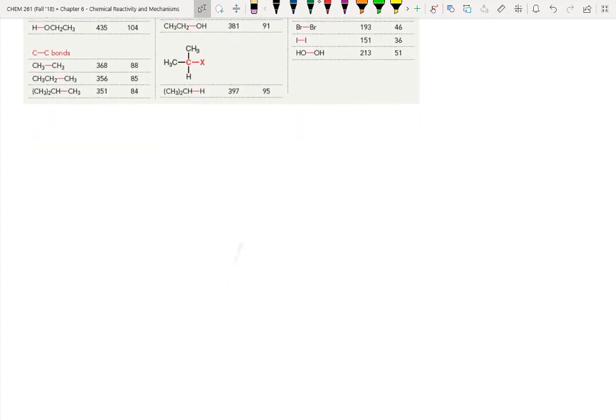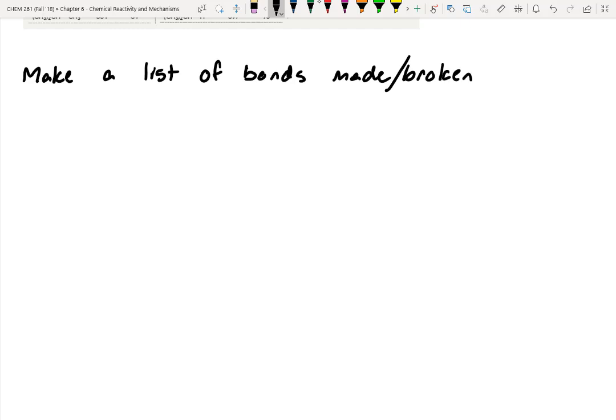So let's take an example of this. The easiest thing to do is to make a list of bonds made and broken. All right, so let's take an example reaction.